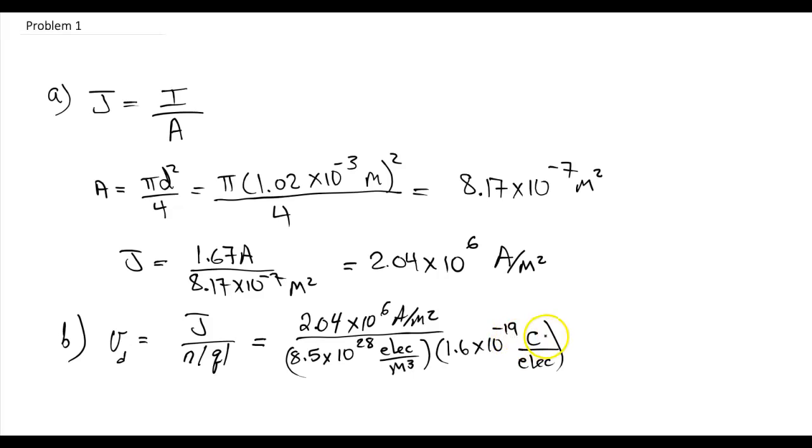And if we do this, we get about 1.5 times 10 to the negative 4 meters per second, which is about 0.15 millimeters per second, if you want to think of it that way.